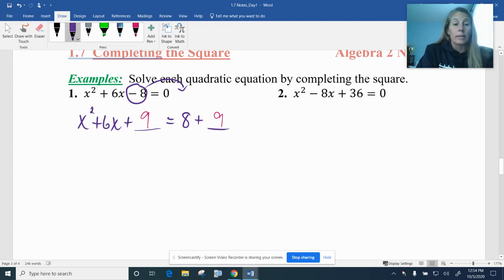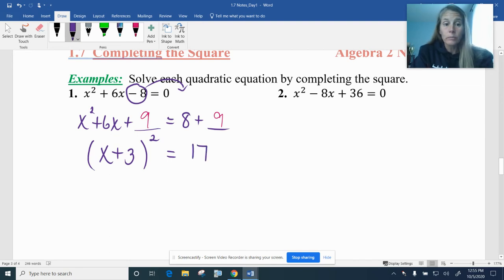Now because you made this a perfect square trinomial, you can factor it into the square of a binomial. So it's just going to be x plus 3 squared, because 6 divided by 2 is 3. On the other side, whatever's over there, you're going to combine like terms. In this case, it would be 17.